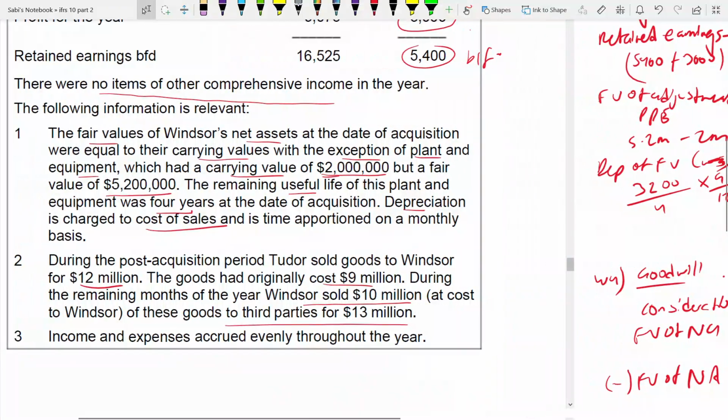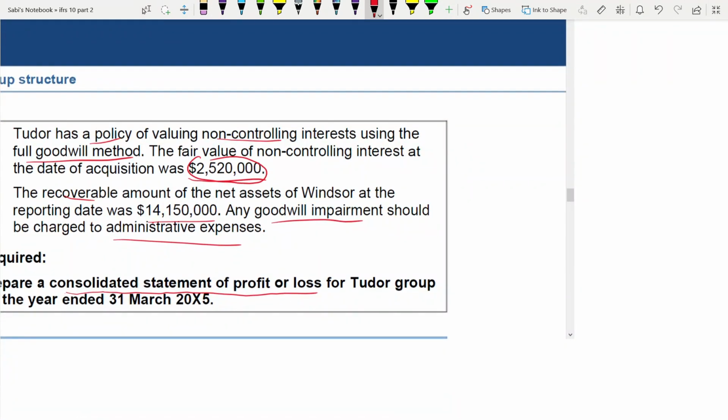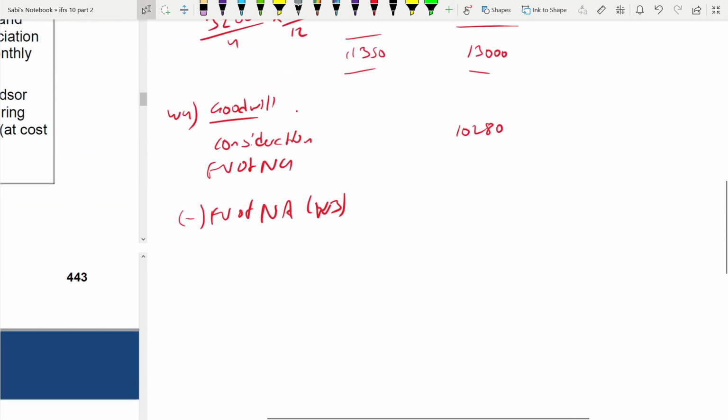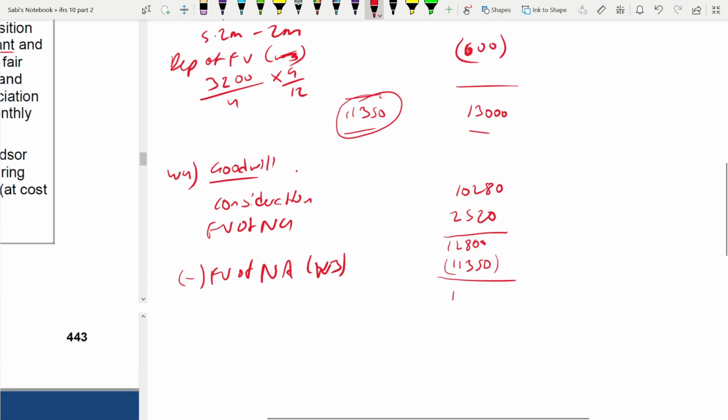You've been given the fair value of NCI here, 2,520. Now 12,600. If you add up, then 11,350. You have to take the fair value of net asset at acquisition. 1,450. 1,450. This is the goodwill.